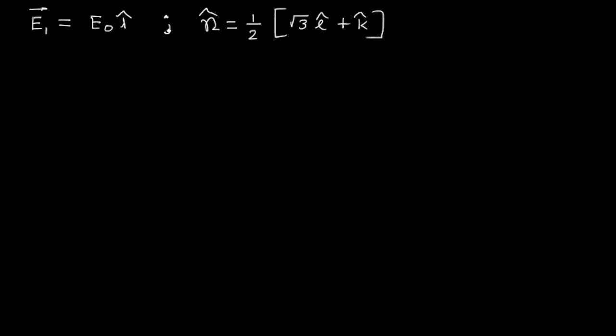So this is the unit normal. Once we know the electric field in medium 1 and the equation of the unit normal to the interface, what we can calculate from these two equations is the normal component of the electric field at the interface and the tangent component of the electric field at the interface in medium 1.